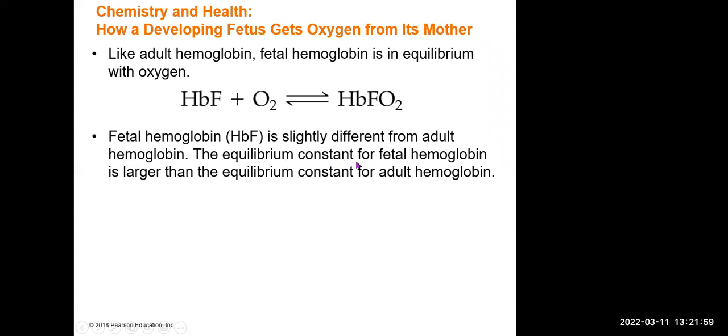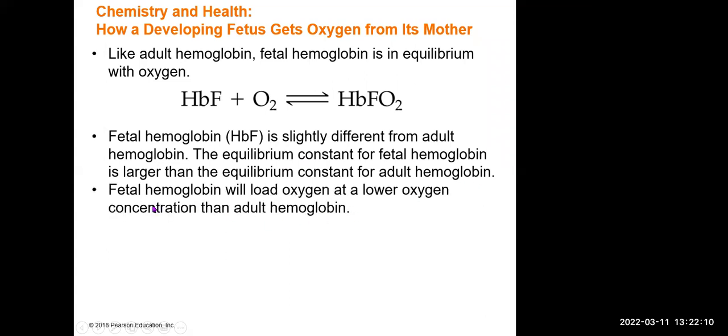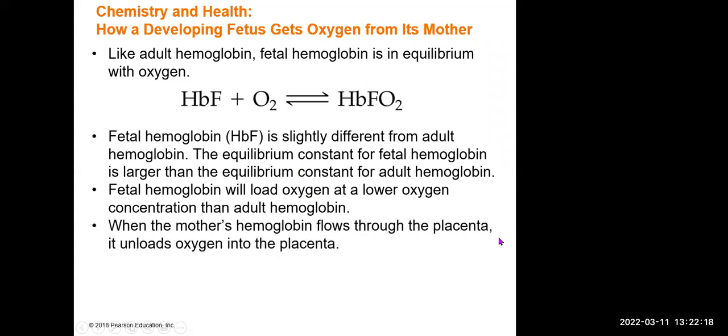The equilibrium constant for fetal hemoglobin is larger than the equilibrium constant for adult hemoglobin. That means the fetal hemoglobin will load oxygen at lower oxygen concentration than adults. So it grabs oxygen away from the mother's blood.